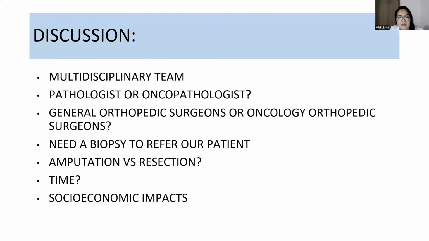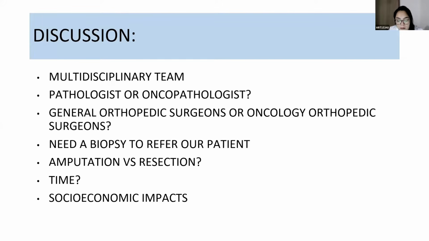Maybe you could use a PET scan for assessing metastasis, but unfortunately, we don't have this type of specialized studies in our city. Finally, I can say we are satisfied with our case, but we also recognize we have to do a better job on this type of cases, like having a real protocol for this type of patients.